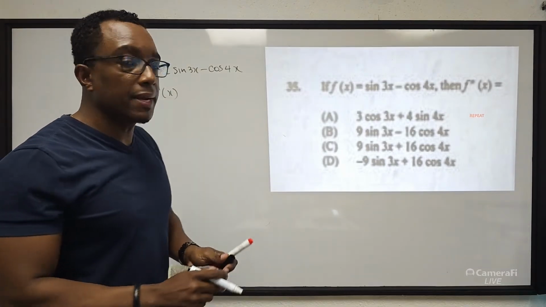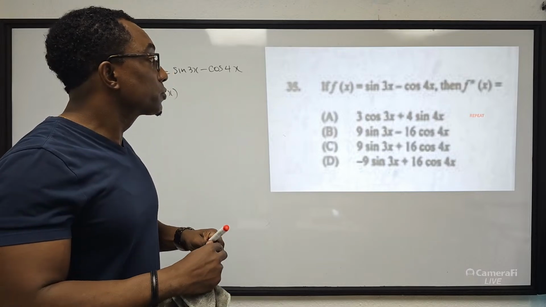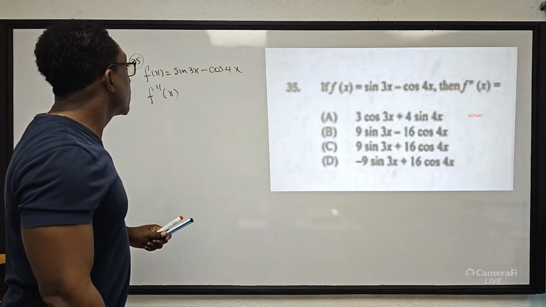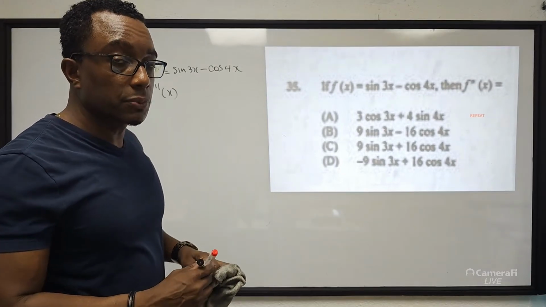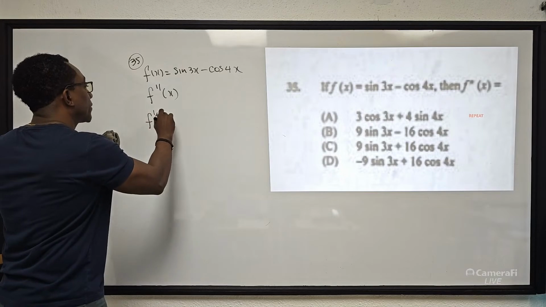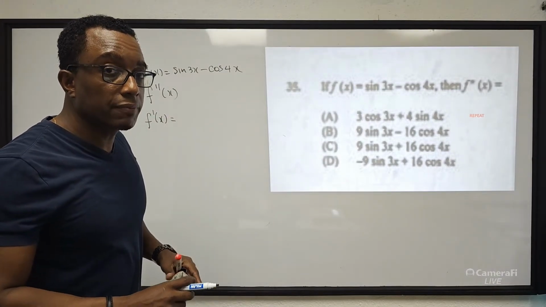So f double prime x, as we know, is to differentiate a second time, the second derivative. For us to find the second derivative, we need to find the first derivative first, which is f prime x. Let's differentiate, and be very careful when differentiating your trig functions.